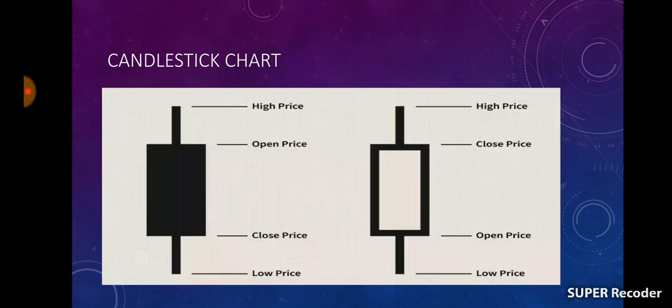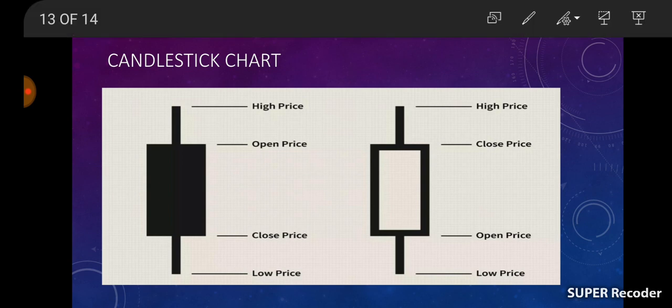If we are using black or white to indicate the color, here if the real body's color is black, the opening price will be the top part of the real body and the closing price will be the bottom part of the real body. So here the opening price is high and the closing price is low.